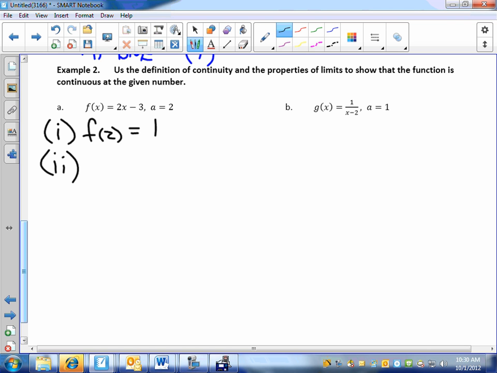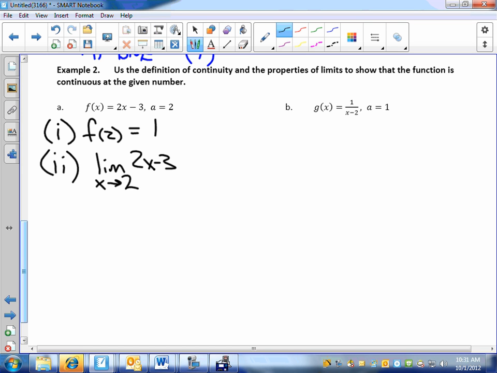I get 1. Second of all, I have to show that the limit exists. The limit as x approaches 2 of 2x minus 3. Now, I'm not going to make you do this. But technically, what would we do here?